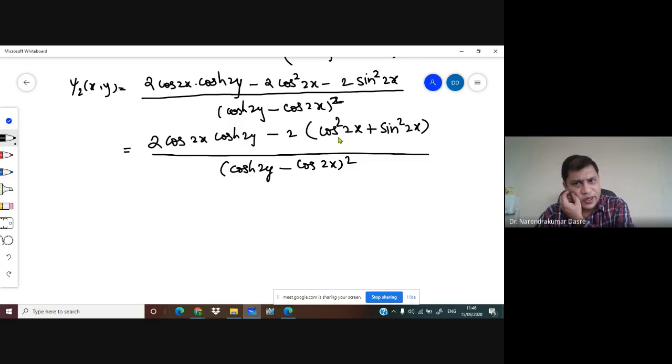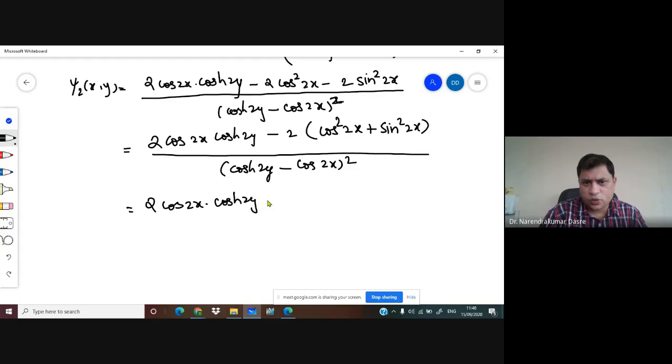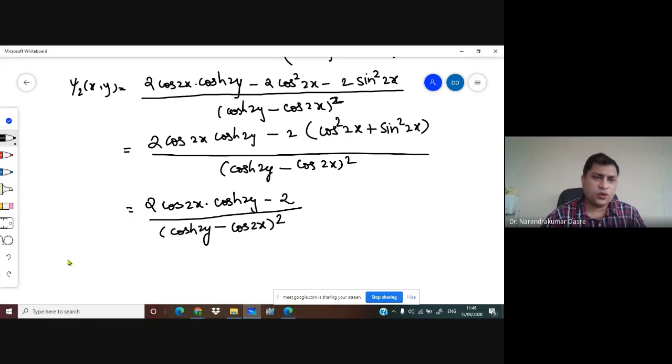Okay, so cos square theta plus sine square theta is going to be 1, and so we can write this is equal to 2 cos of 2x cos hyperbolic 2y minus 2 upon (cos hyperbolic 2y minus cos of 2x) whole square.